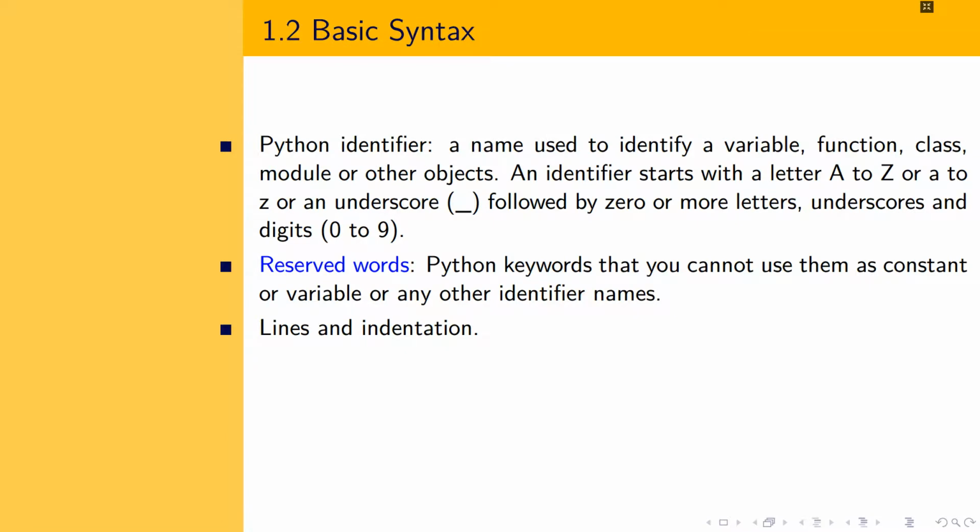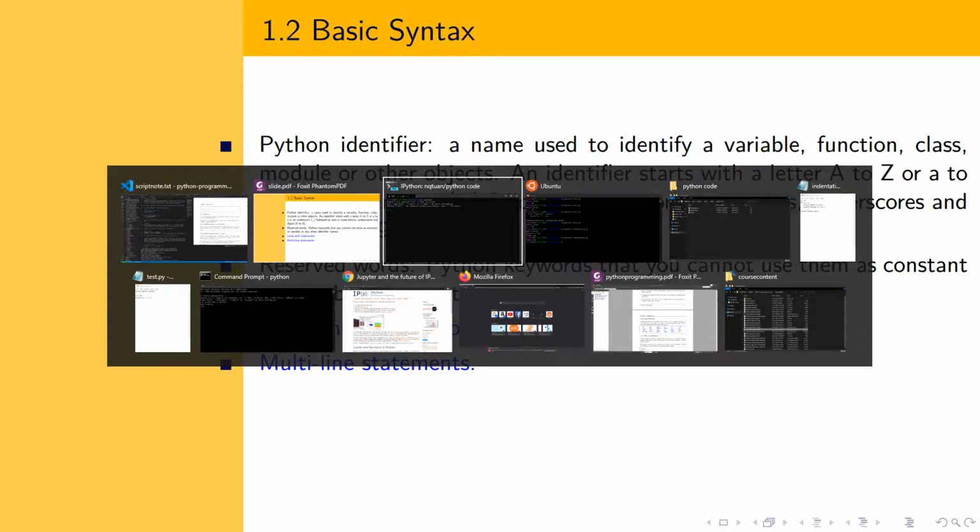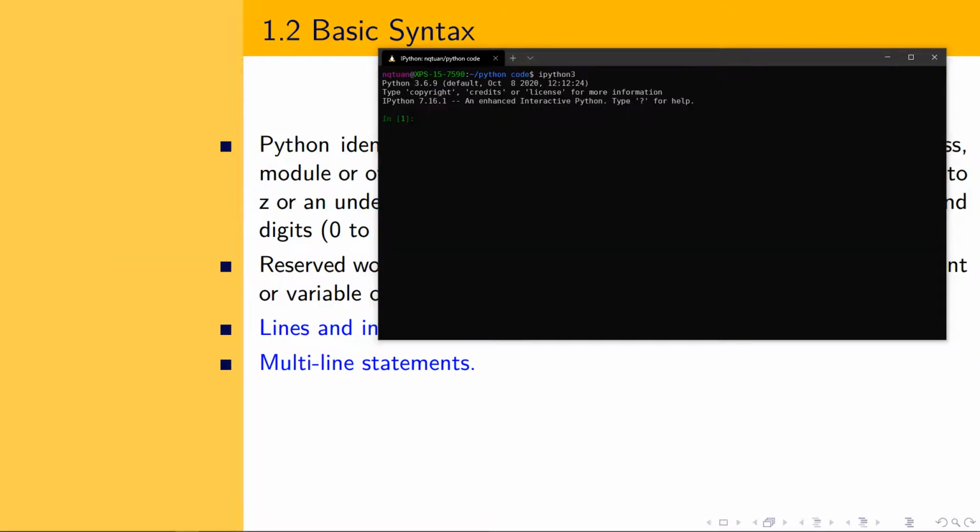Sometimes you have to write very long commands. If you write them in a single line, they will be very ugly. Python provides multi-line statement syntax so that you can split a long line of code into shorter, more readable lines. For example, let's say we have a very long line of code, something like this.